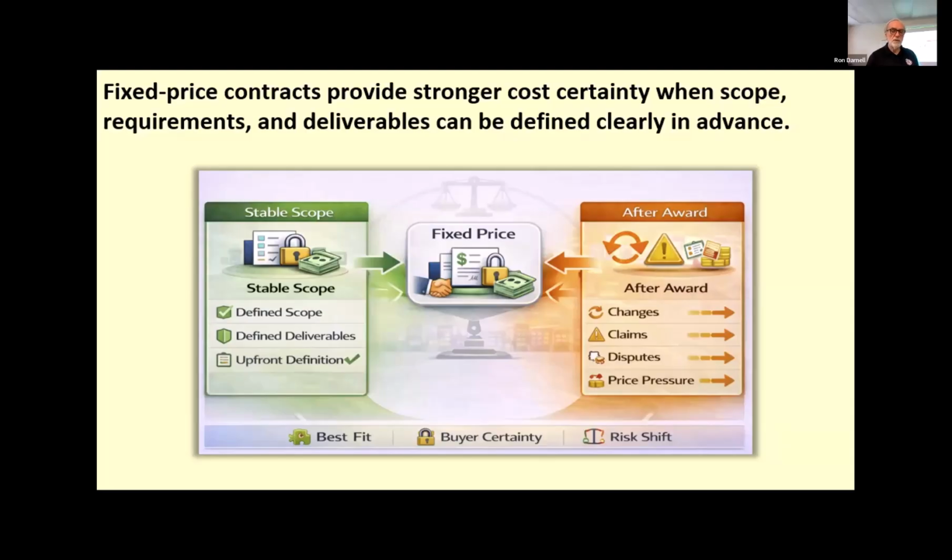Fixed price contracts are usually most effective when the work can be defined before execution begins. And in that setting, the buyer, the project, and the vendor, the seller, can agree on the scope, they can agree on the deliverables, performance expectations, and a price with a reasonable level of confidence.